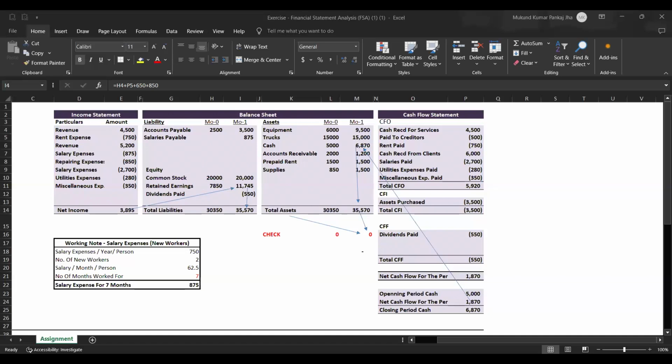Make sure you solve this sheet, and tomorrow we will try to discuss this.